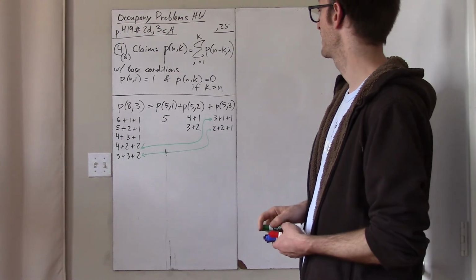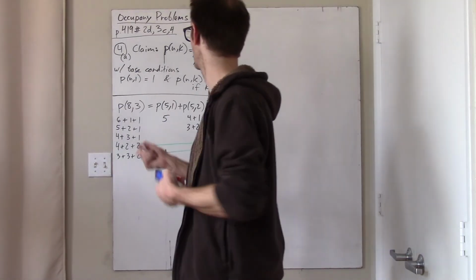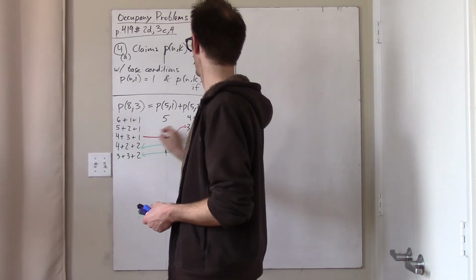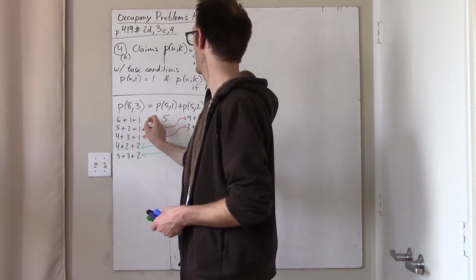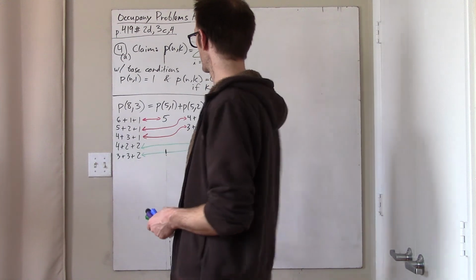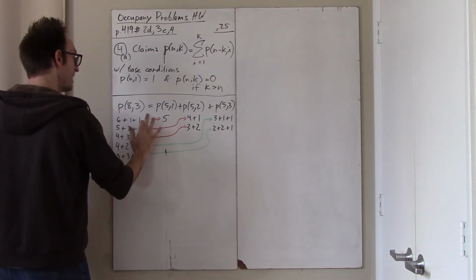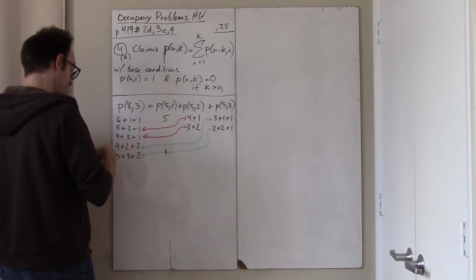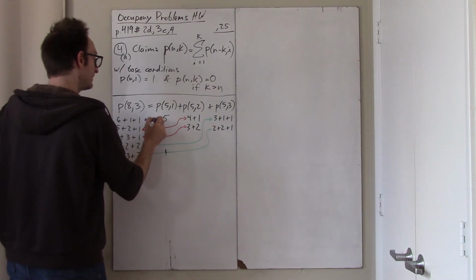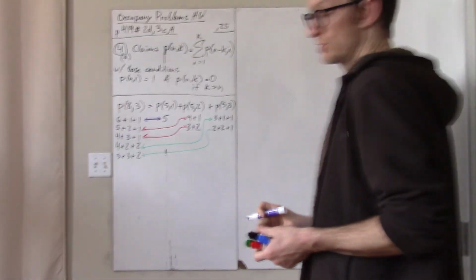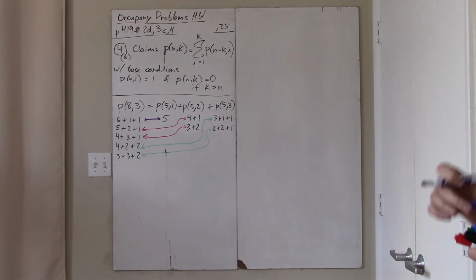And this 431 looks a lot like this 32, and this one looks a lot like this one, and this one looks a lot like that one. I should use a different color. So what's going on here is that following the arrow from left to right, I remove one from every pile.